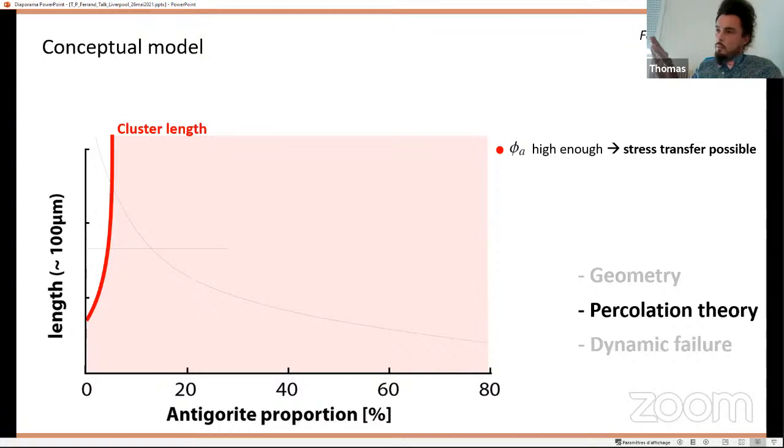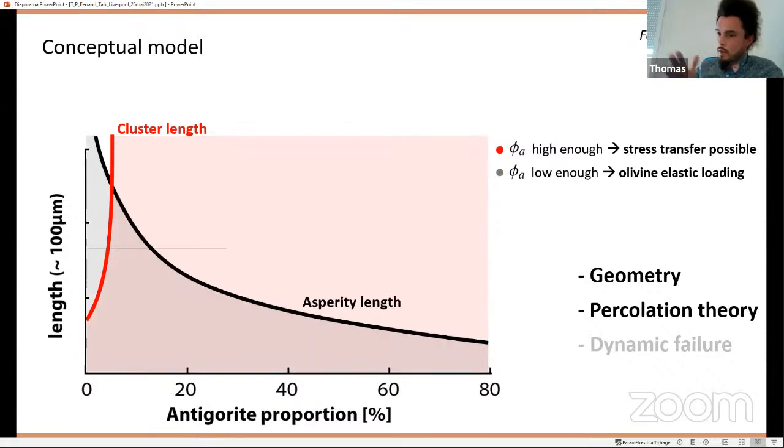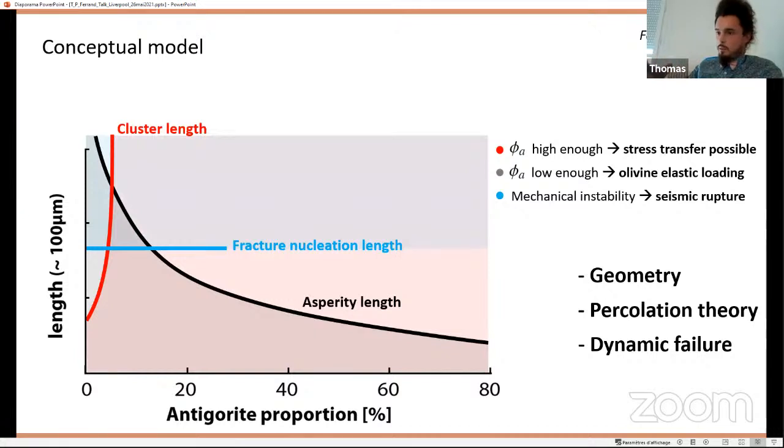So when you are in the part in red here, the Antigorite fraction is high enough for stress transfer to be possible upon dehydration when the material destabilizes. And when you are in the gray part here, the Antigorite fraction is low enough, and so you have an olivine network that is elastically loaded. And when you are in the part in blue here, in case of mechanical instability, you trigger a seismic rupture.